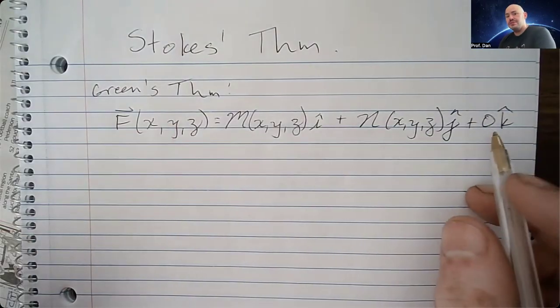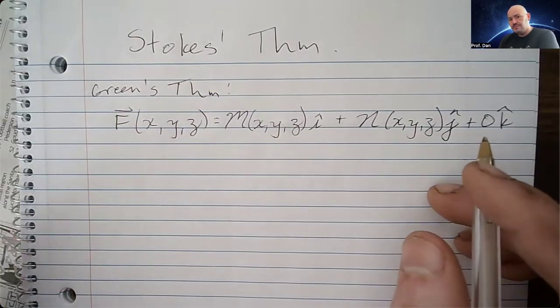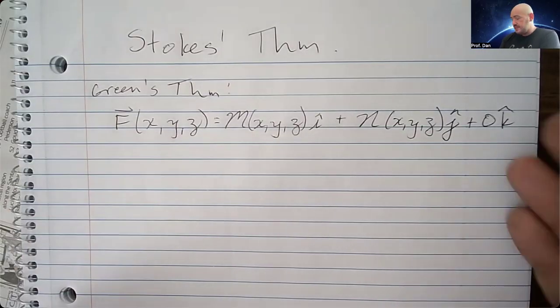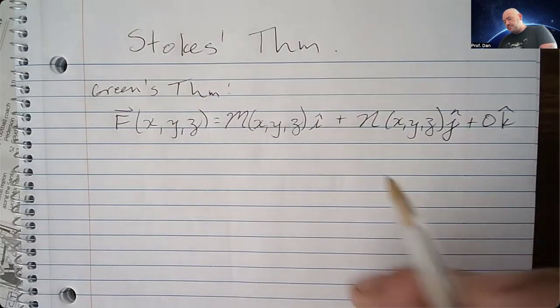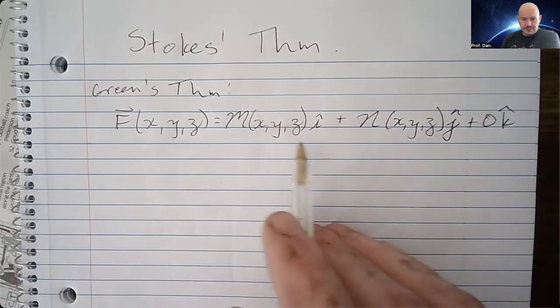What makes it two-dimensional is the fact that there is no k component. So we know that we can always write out a two-dimensional vector field like this.